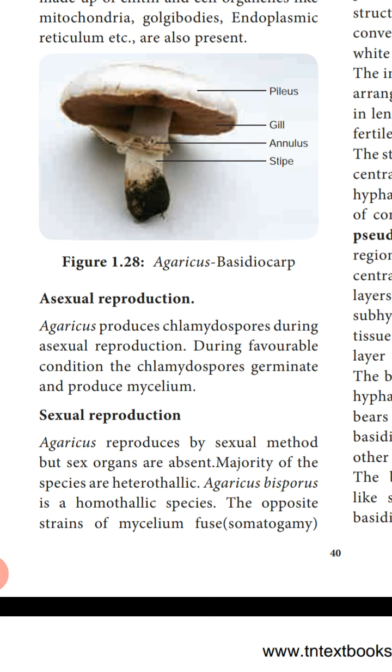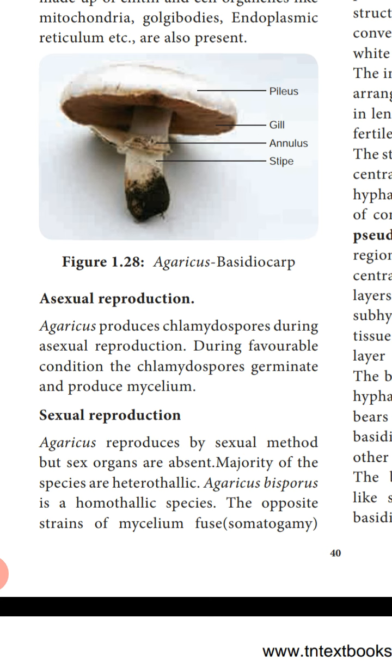The majority of the species are heterothallic, that is, the fusing hyphae are from two different thalli. But in some species, like Agaricus bisporus, it is homothallic, that is, the two fusing hyphae are from the same thallus.